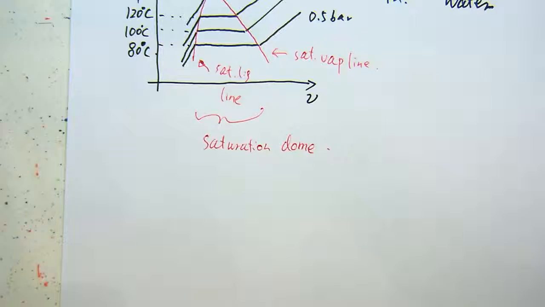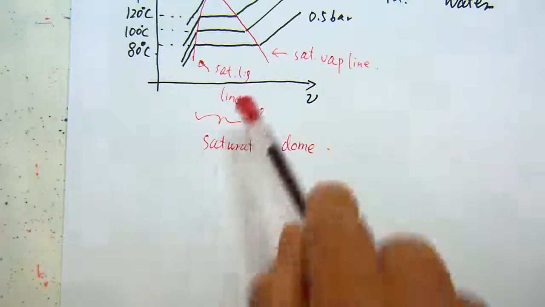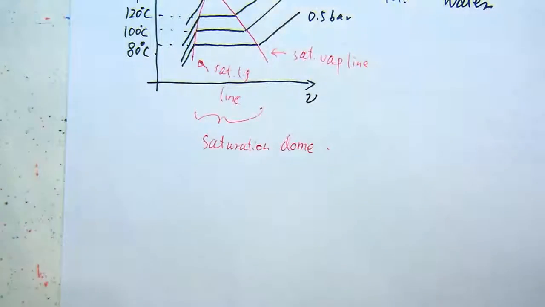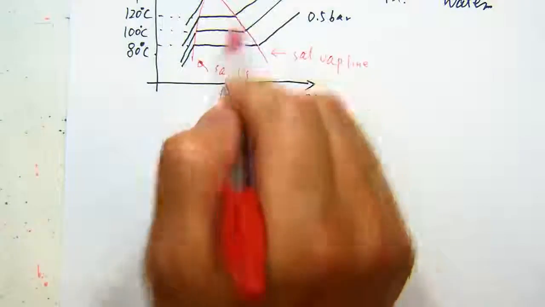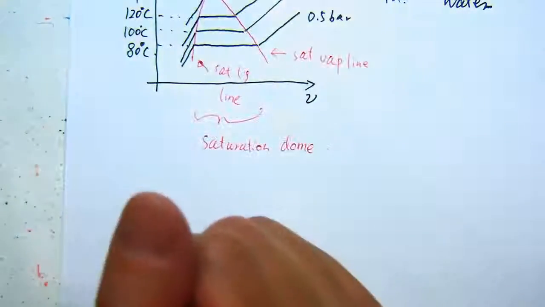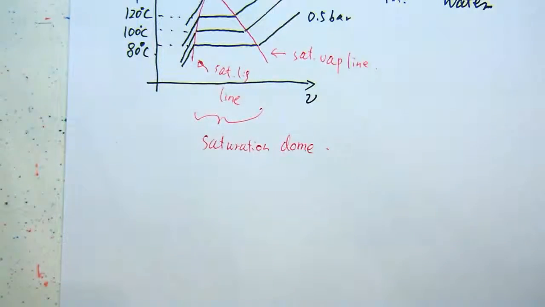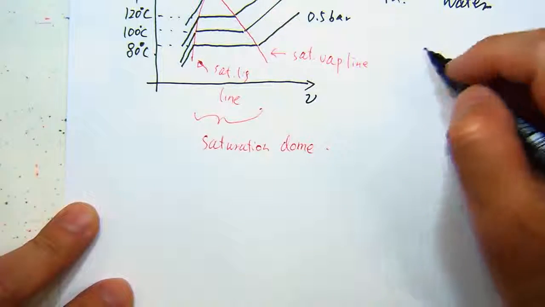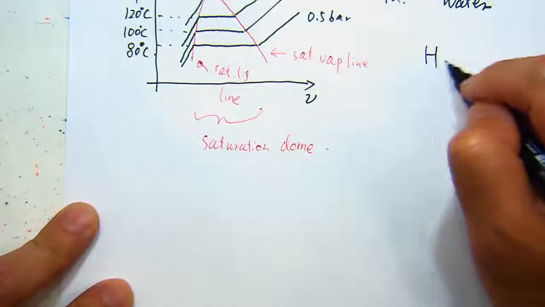The reason for that is during the horizontal section, in the process when the cycle goes through the horizontal section, there is a large amount of heat that is being released or absorbed in the process.